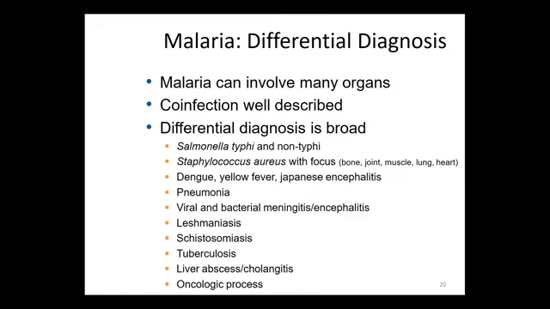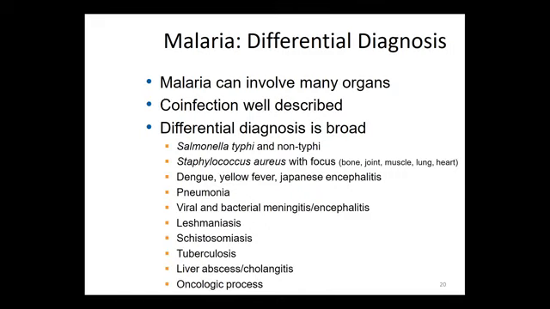Staphylococcus aureus with bone, joint, muscle, and heart involvement. Dengue, yellow fever, Japanese encephalitis, pneumonia, again high fever, and in malaria there may be some cough. Viral and bacterial meningitis, meningoencephalitis, especially when we talk about malaria and coma. Yes, in tropical malaria coma may develop rather fast.